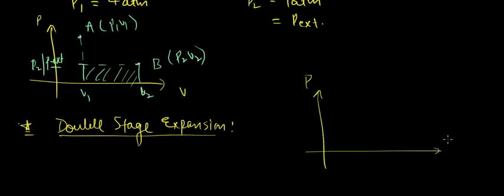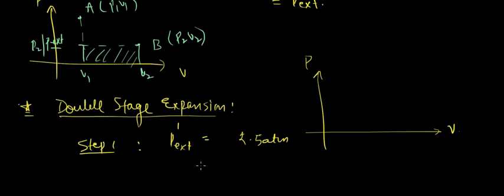We have P and V here. So in step 1 we have P external dash, which would be equal to, let's say, 2.5 atm, and in step 2 we have P external double dash, which is, let's say, 1 atm.